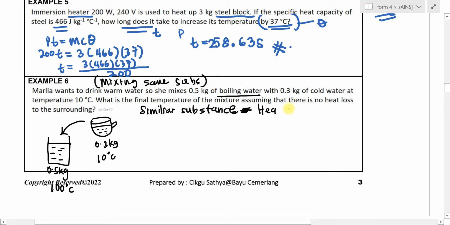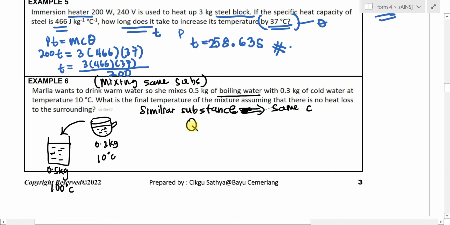Similar substance maksudnya same specific heat capacity. Lepas tu kita tengok. Now the cold water will absorb the heat. The hot water will release the heat.